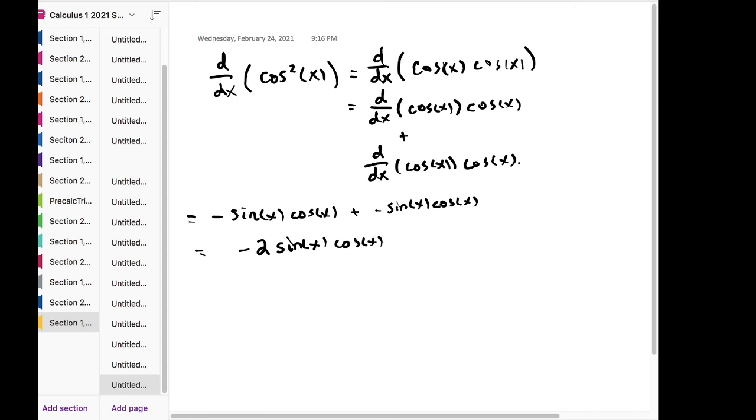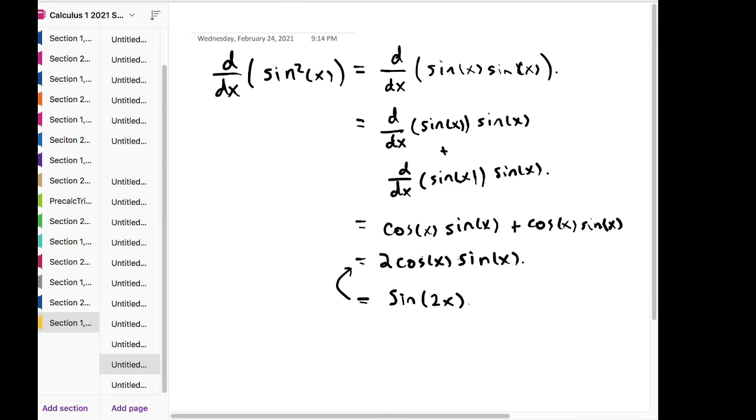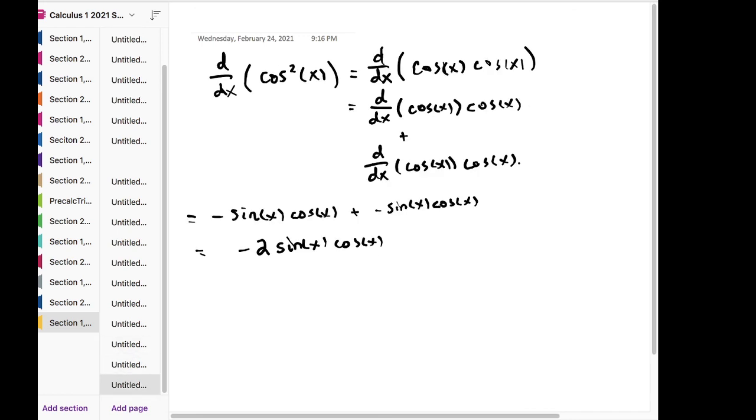So that's interesting. The derivative of sine squared was 2 sine cosine, and then the derivative of cosine squared is negative sine of 2x.